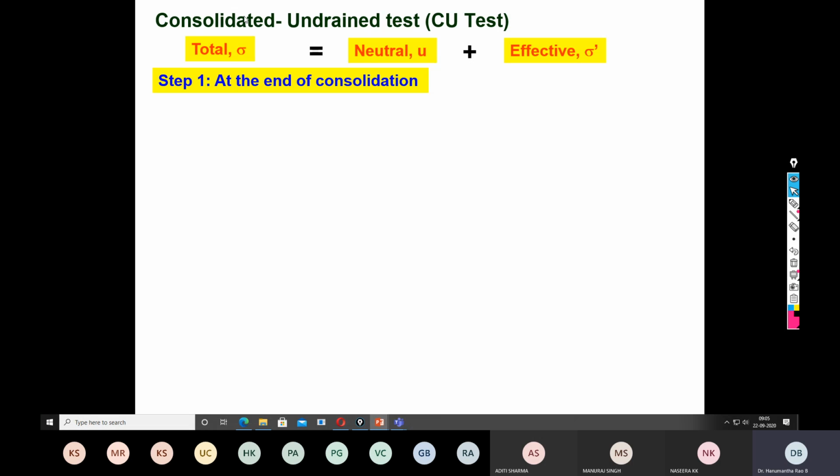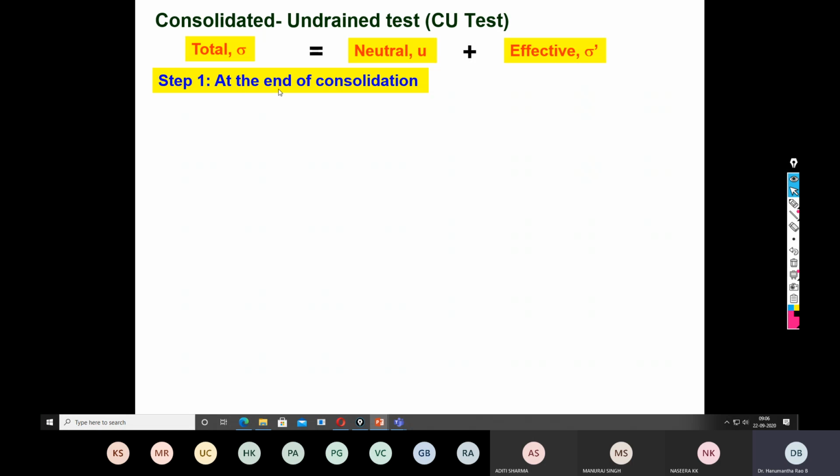Consolidated means initially allowing the consolidation. Accordingly, there are basically 2 stages. The first stage is during the consolidation phase. The second is during the shearing stage.